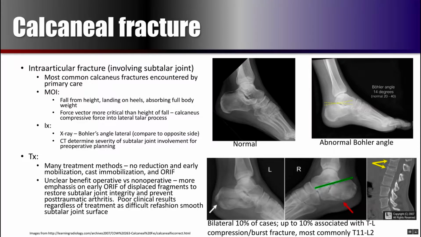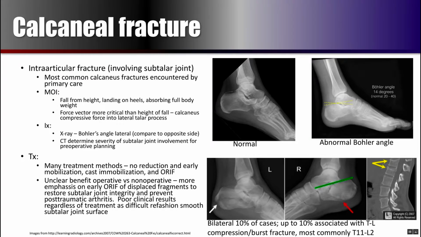Calcaneal fractures are bilateral in 10% of cases, and up to 10% of cases are associated with a thoracolumbar compression or burst fracture, commonly between levels T11 to L2. So it's important to clinically consider those, particularly in bilateral calcaneal fractures.